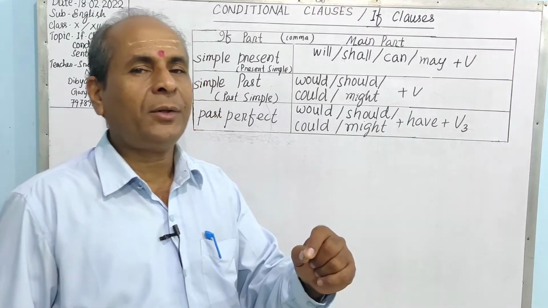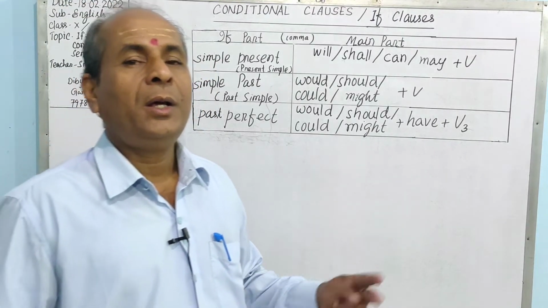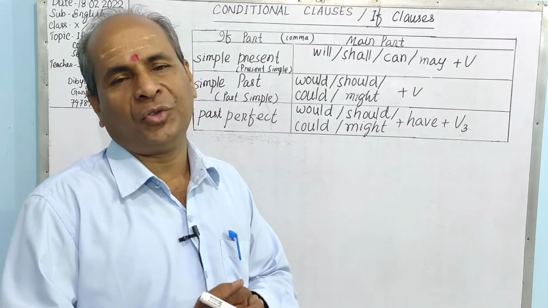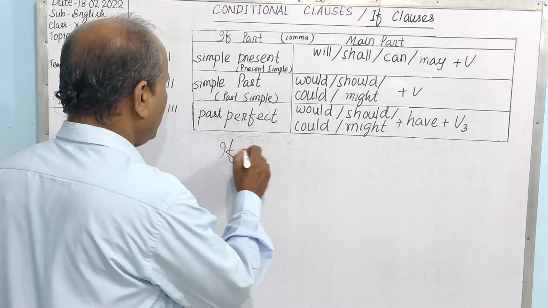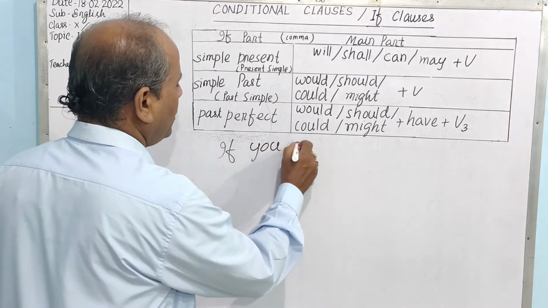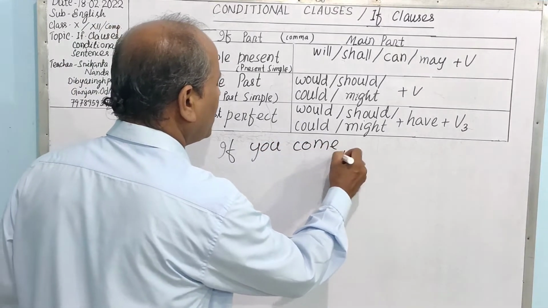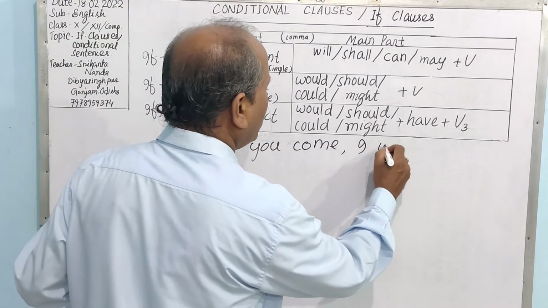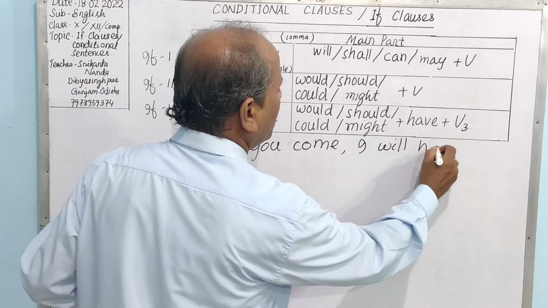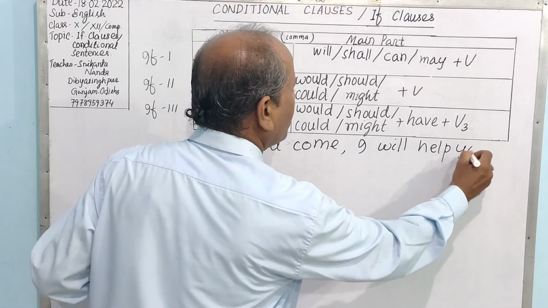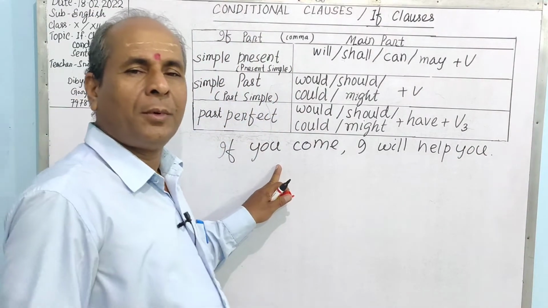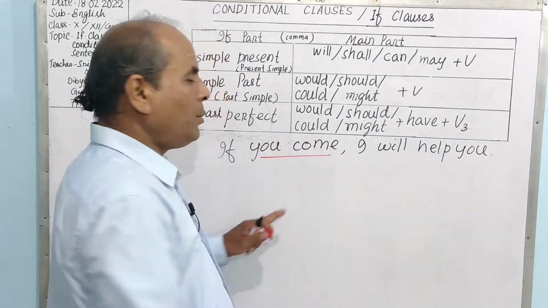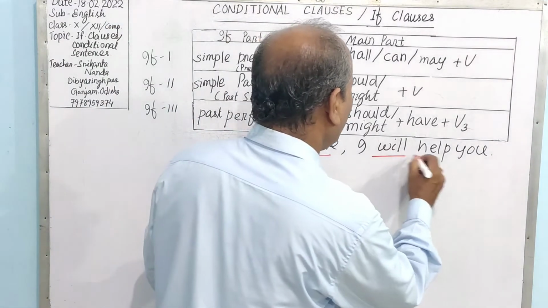If the student visits the teacher, he can clarify his doubts. Just we can write like this: if you come, comma, I will help you. You see here the verb you come, this is simple present, and will plus verb.